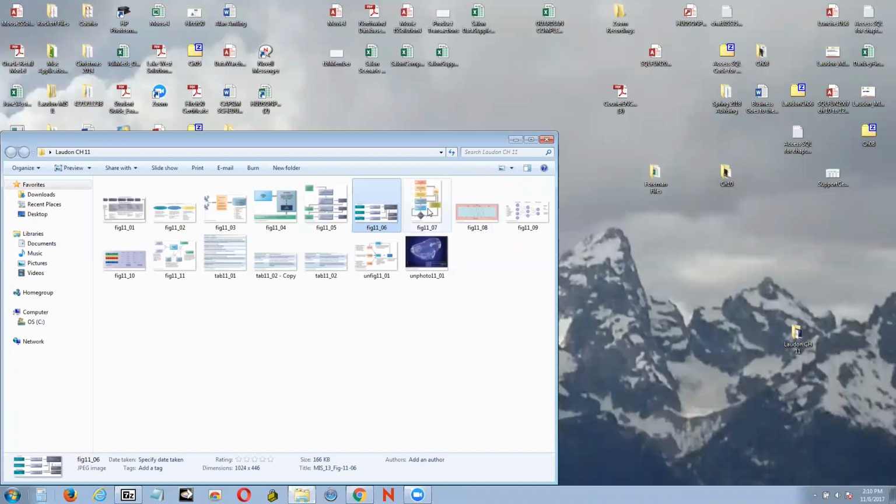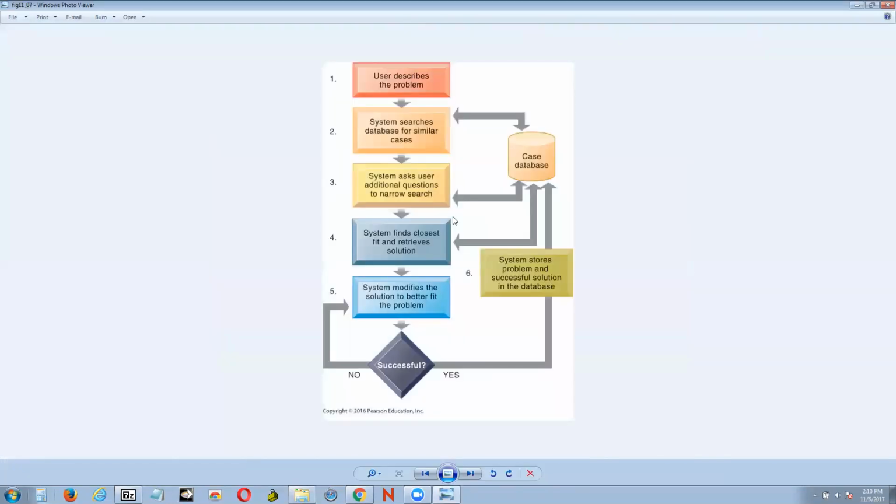Now, again, here's this whole process working us through, and this is a case-based reasoning kind of agent. Now, the people that use this the most are folks who work with highly structured problems.